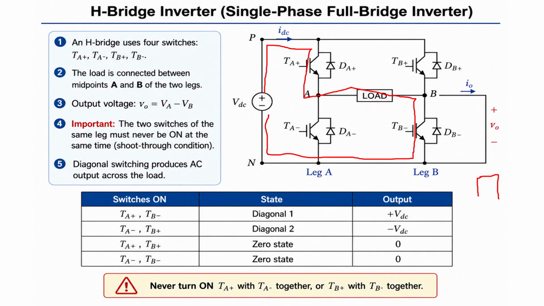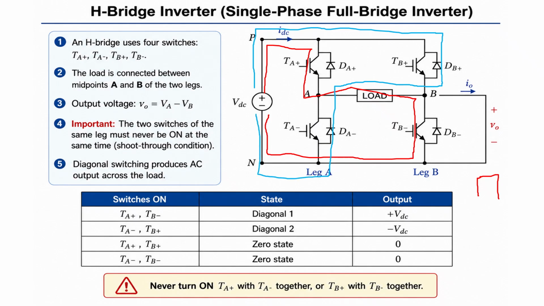Now, in the next cycle, the switches TA plus and TB minus will turn off, and TB plus and TA minus will turn on. The circuit will change: the positive is connected through TB plus, then to the load, then to TA minus, back to the source.